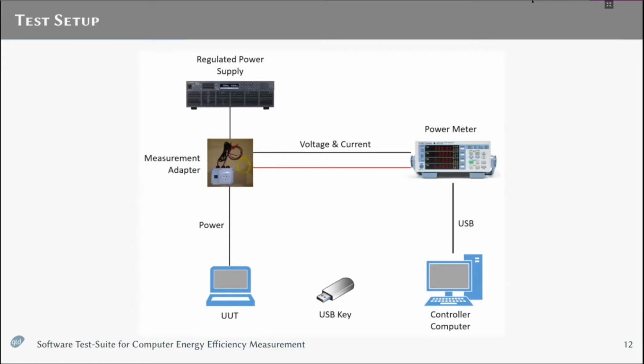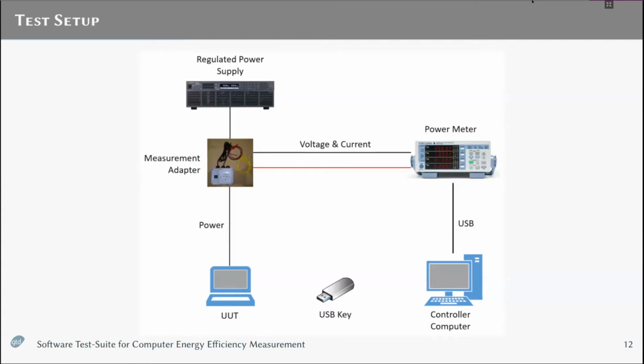We need a measurement adapter. This is not standardized; there are many of them. It's just a device in which you plug your unit under test, and it has to be connected to your regular power supply, so that your unit under test takes the power from your power supply.